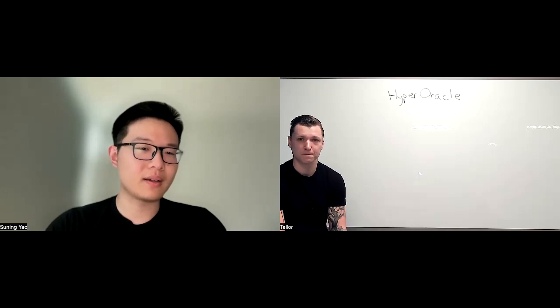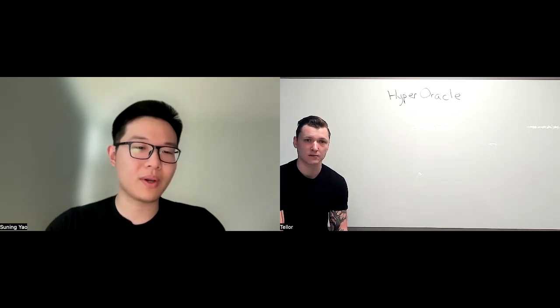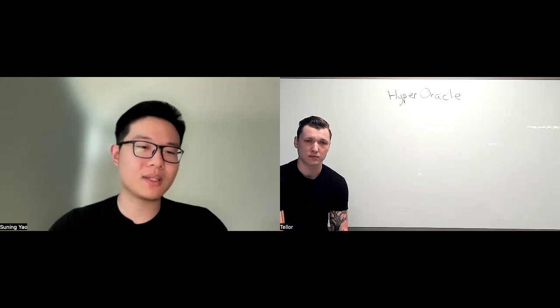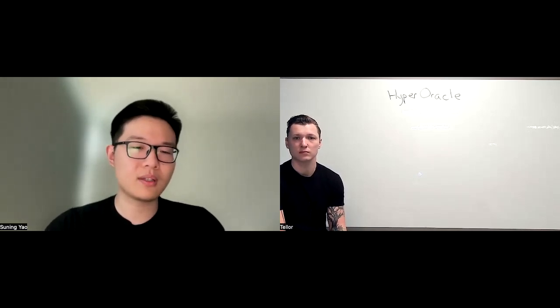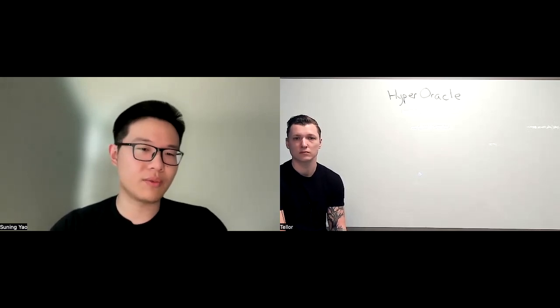For the output Oracle, one example is the Graph protocol and also our HyperOracle's ZK indexing. It's basically outputting data from the blockchain to off-chain and maybe doing some complex computation off-chain, then the data or the computation result is used by the developers. So this is how we are doing things in reverse.